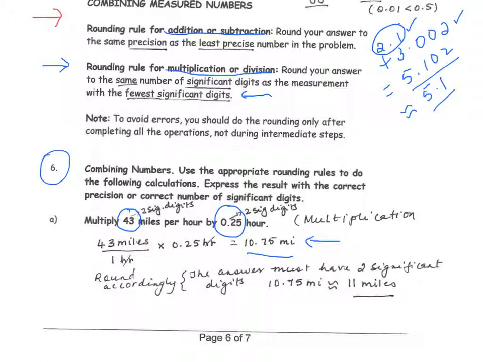The number of significant digits in this number is 1, 2, 3, 4 significant digits. Now we need to round our answer so we have 2 significant digits. So the only way we can do that is by approximating 10.75 by rounding it to the ones place and making it 11. So our final answer has 11 miles. Our final answer has 2 significant digits.